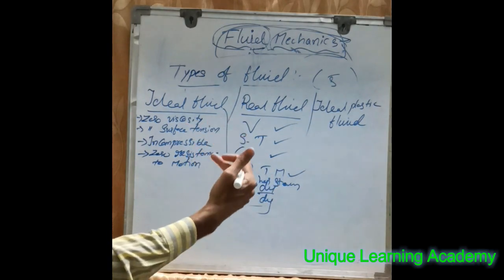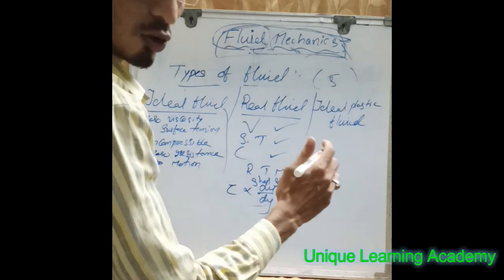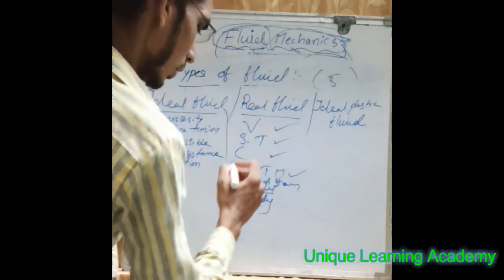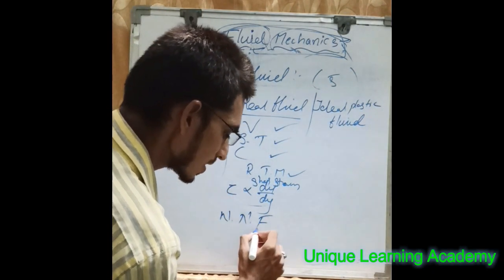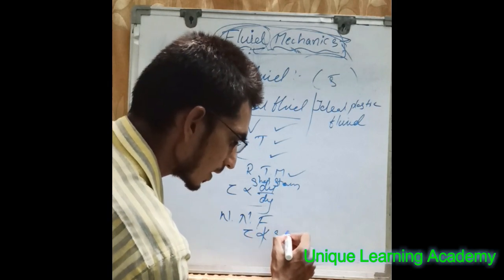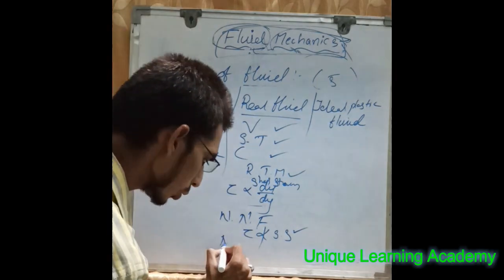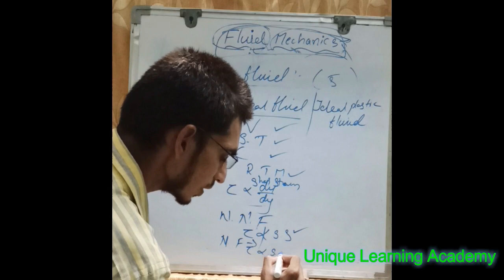And what is a non-Newtonian fluid? If shear stress is not directly proportional to the shear strain, then it is called a non-Newtonian fluid. In a Newtonian fluid, shear stress is directly proportional to the shear strain.